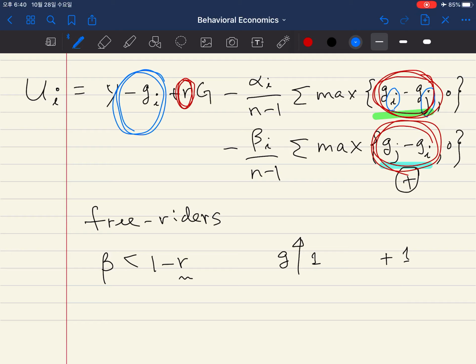So his monetary cost goes up by 1, as we can see here in this part, if he contributes 1 unit of public good.